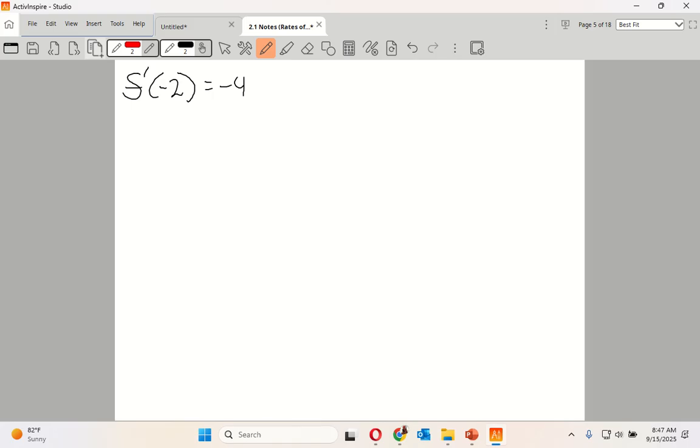That's the slope. And c, what was the c? -2. But what did that really represent? That was my x. Do I know what the y is for my function? No. So let's figure that out.